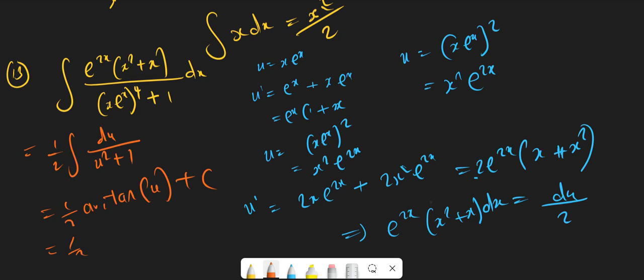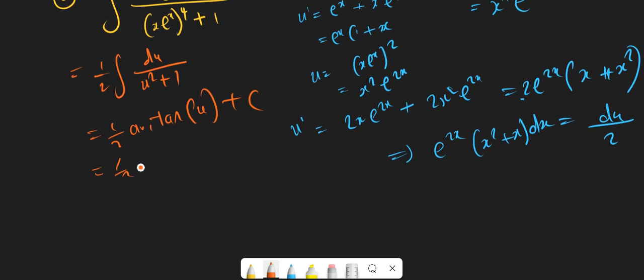So that will be half of arctan of x e to the x plus c. That should be our final answer.